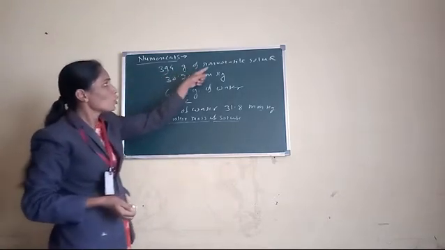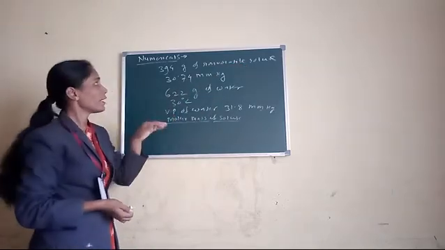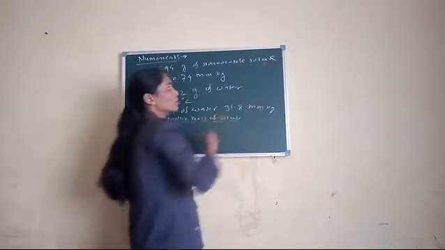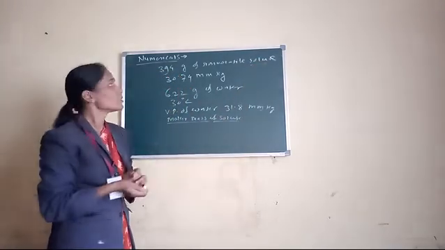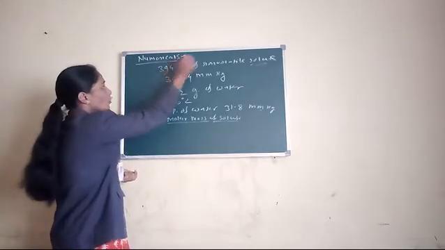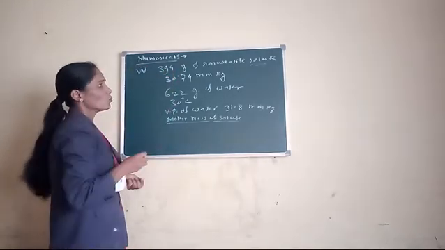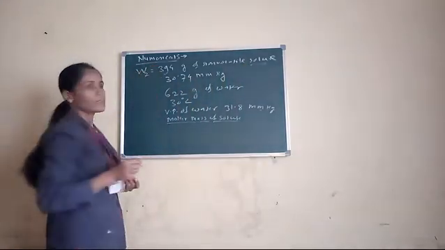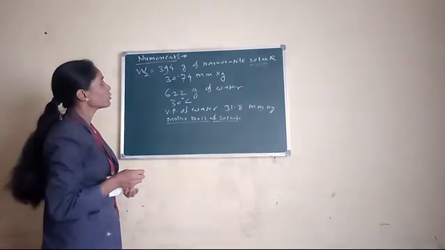Here 394 gram of non-volatile solute is added. 394 gram of solute means weight, not molar mass. This is mass, only mass means weight. Weight is denoted by W, and for solute it is 2, that is W2 is equal to 394 gram.